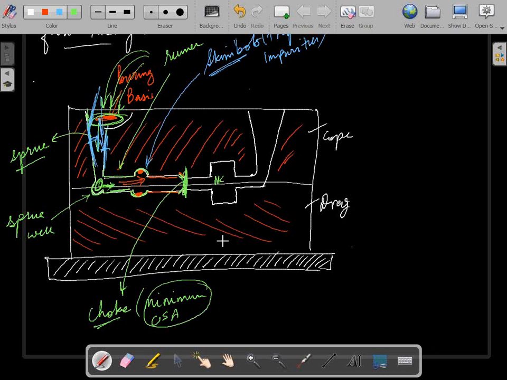Now with the reduction in velocity, what happens? There is reduced turbulence, the Reynolds number drops. As the Reynolds number drops, the turbulence in the flow is controlled.